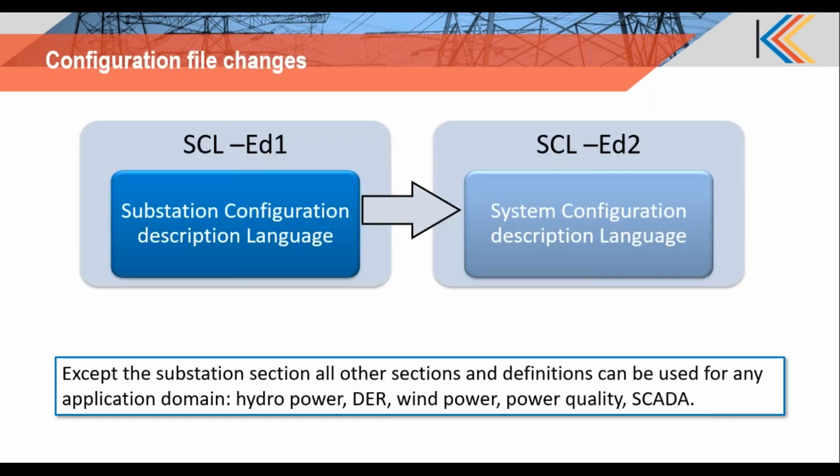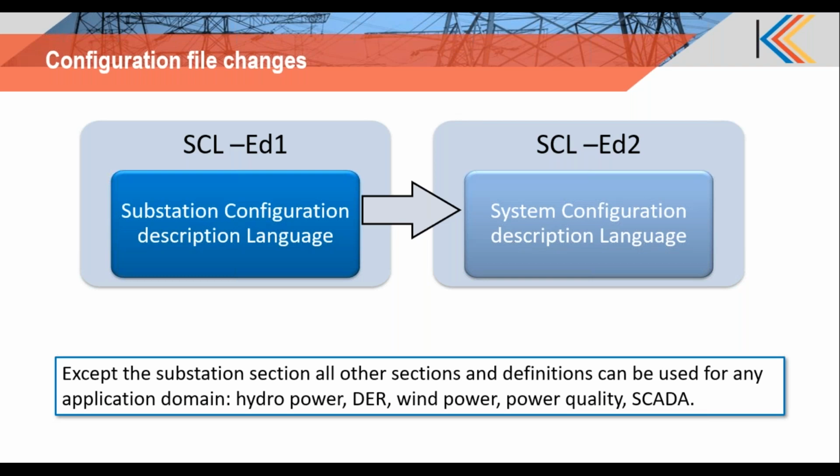And I was telling about the major change when compared between edition 1 and edition 2. Yes, of course, the most visible change is on the configuration file formats. So as I was telling, this SCL, the substation configuration language, whatever is there in edition 1, is more specific towards your substation configuration.